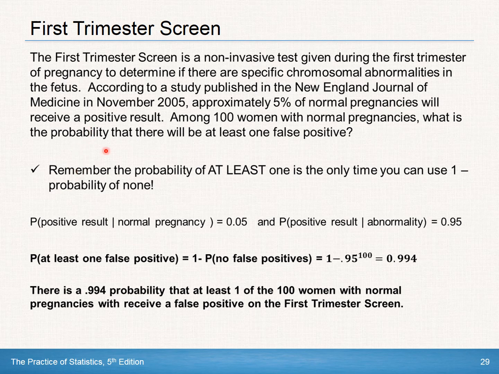So the question says, among 100 women with normal pregnancies, what is the probability that there will be at least one false positive?